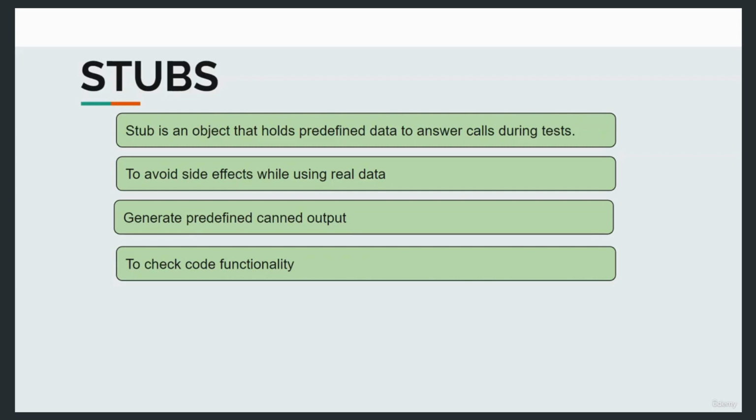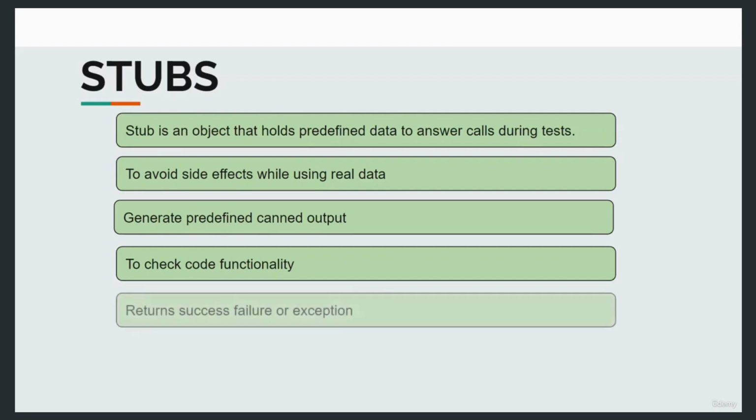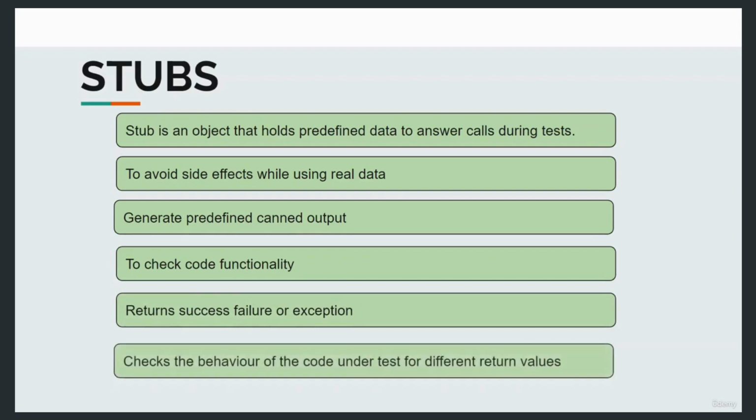Within the function being unit tested you call the stub, and the stub will just return the data, similar to the database. And if we talk about the API, it will return a SOAP response, whether in a string or a JSON object, depending on what type of API you are calling.